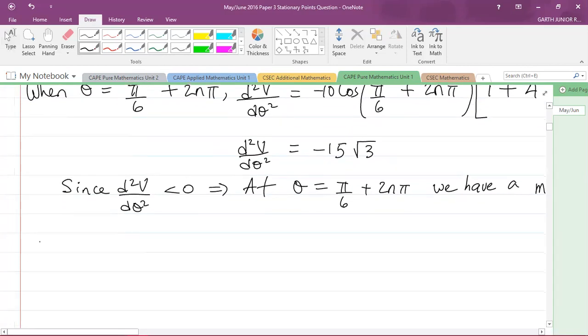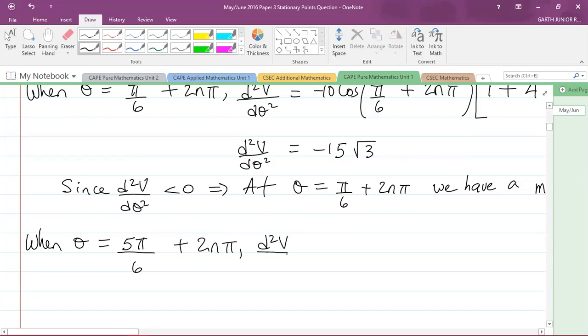Okay, so when theta equals 5 pi divided by 6 plus 2n pi, this is the last one. What is the second derivative?